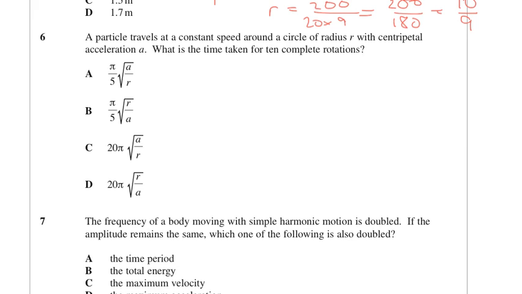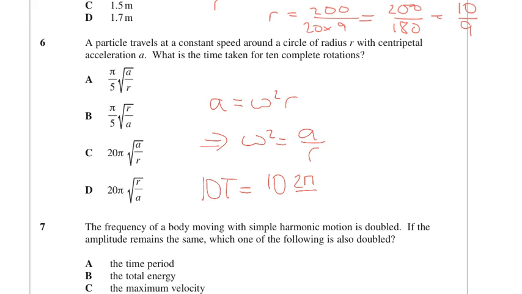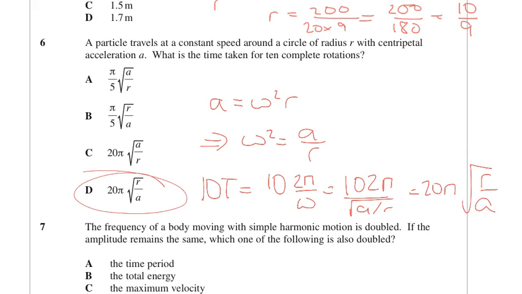So, the centripetal acceleration is equal to omega squared r, which means omega squared is equal to a over r. 10 time periods will be equal to 10 sets of 2 pi over omega, which will be 10 times 2 pi over square root of a over r, which will essentially be 20 pi square root of r over a, which is, if I'm not mistaken, answer D down here.